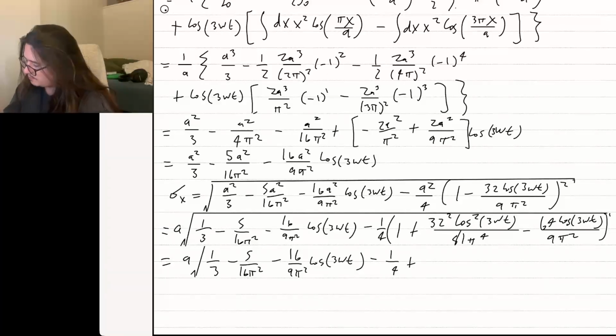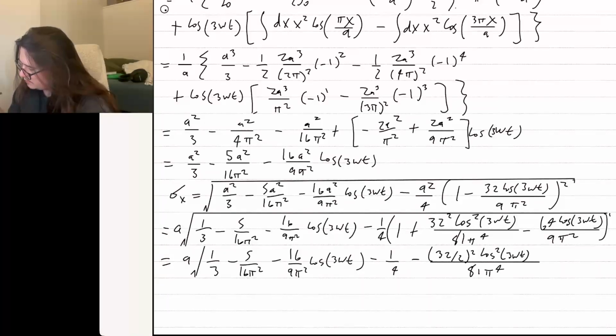So minus 32 over 2 squared cos squared 3 omega t over 81 pi fourth plus 16 cosine 3 omega t over 9 pi squared.